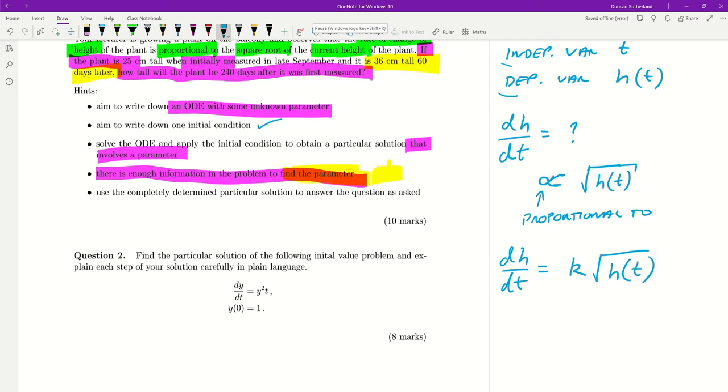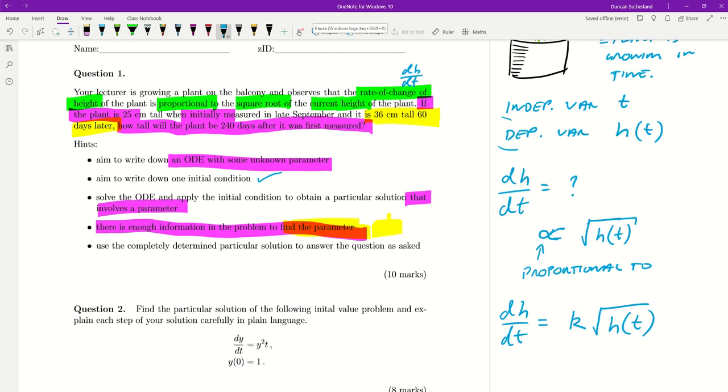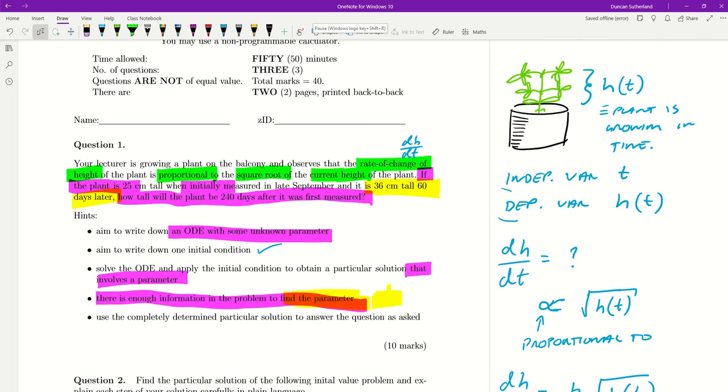Okay, so we've now got a complete ODE. There's no other contributions to change in the height of this plant, right? It's not like I'm pruning it. It's not like I'm doing anything to modify the height of this plant or reduce it. I've just got a positive contribution that says that the rate of change of height is proportional to the square root of height itself.